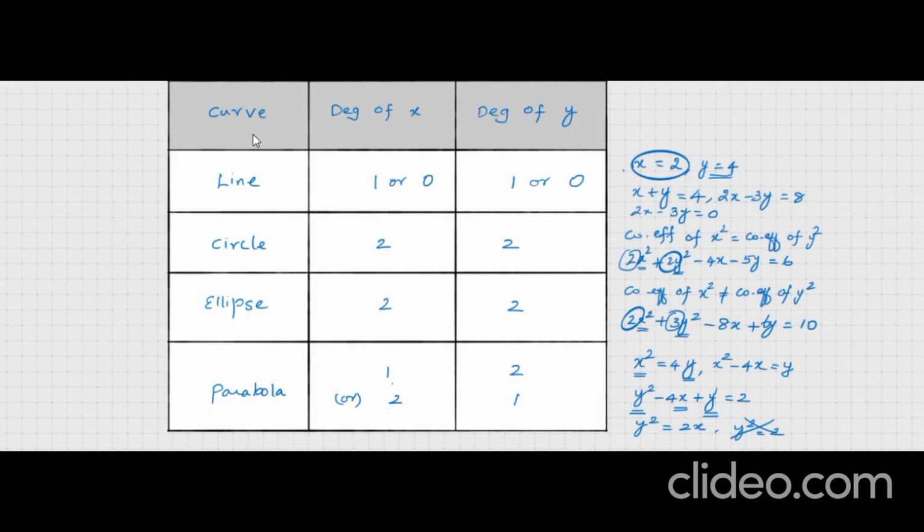These were the hints given in the previous video. For a line, the maximum degree of x and y should be 1, that is, it may be 0 also.